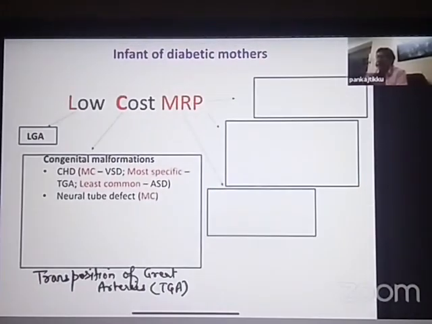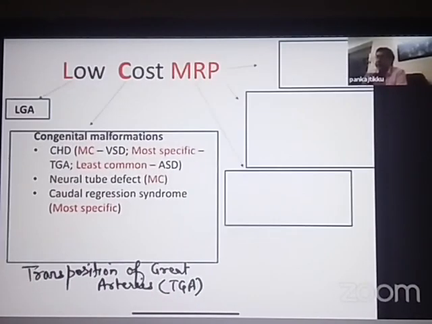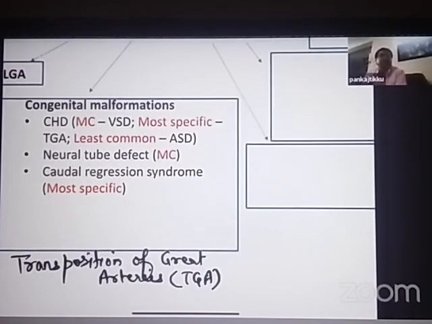Then a defect known as caudal regression syndrome is another type of congenital malformation. It is the most specific complication in infant of diabetic mothers. Please don't confuse. The most specific congenital heart defect in infant of diabetic mothers is transposition of great arteries.